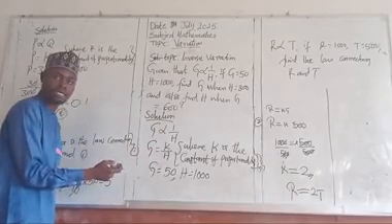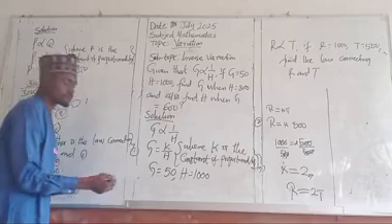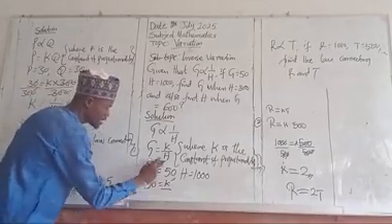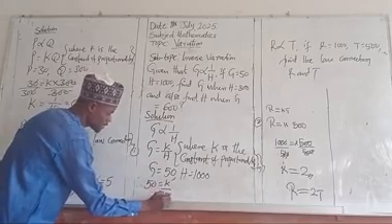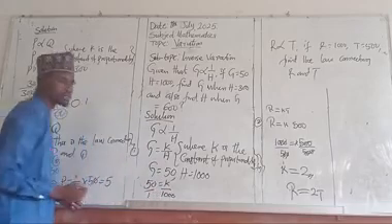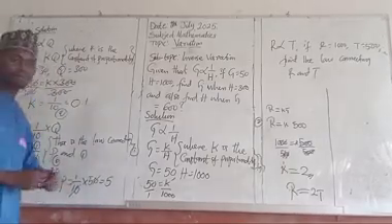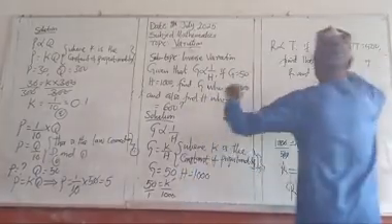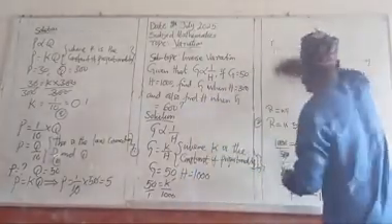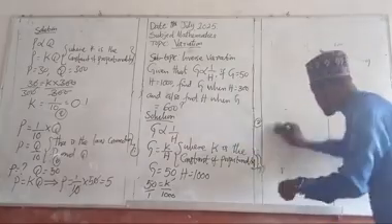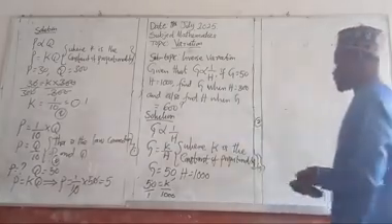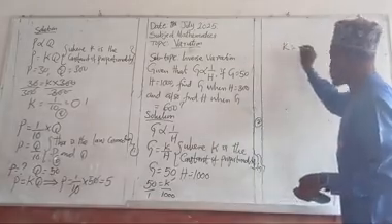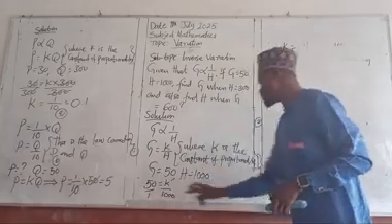What is our G? 50 is equal to K over H, 1000 over 1. Cross multiply. If you cross multiply, you have K times 1. K is equal to 50 times 1000.